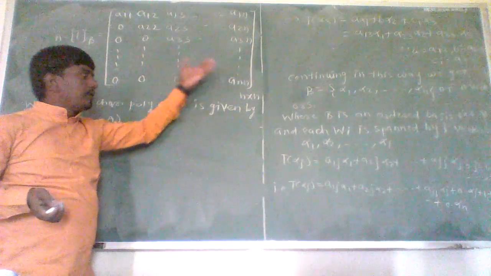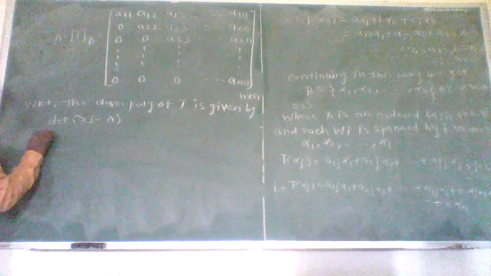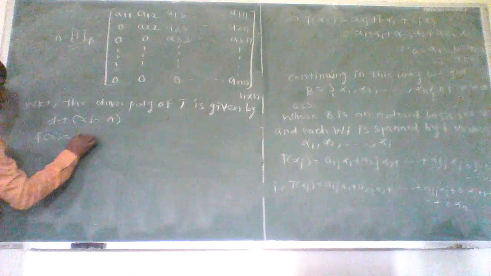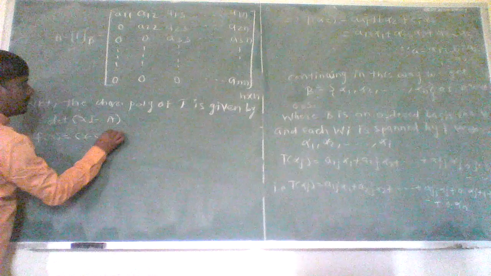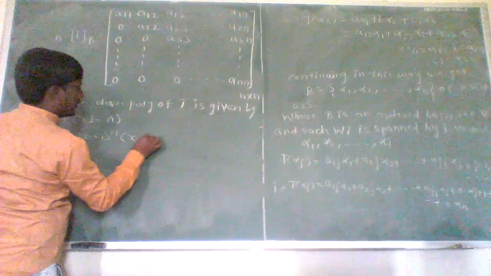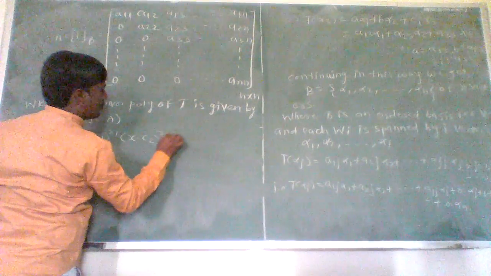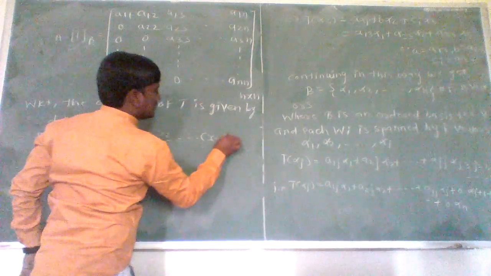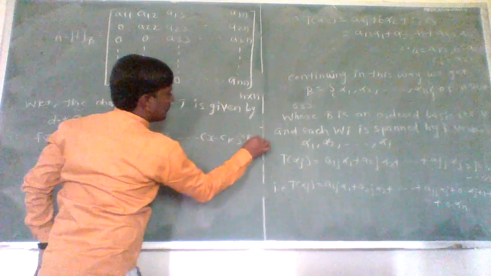Then its characteristic polynomial f of x is given by (x minus c1) to the power r1, (x minus c2) to the power r2, and so on, (x minus ck) to the power rk.